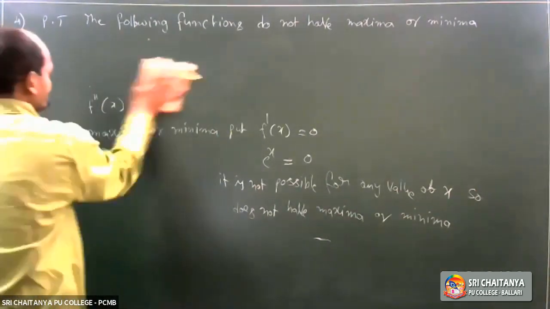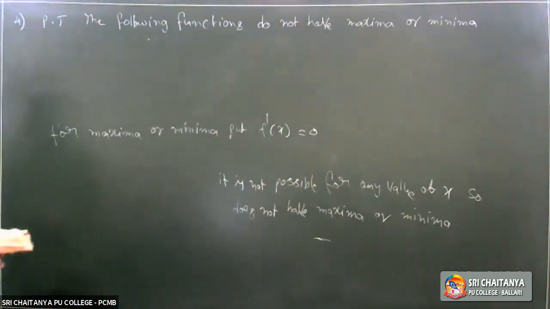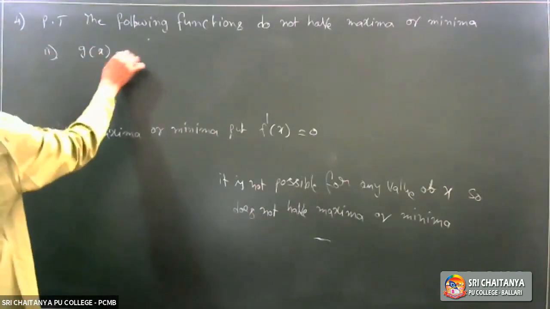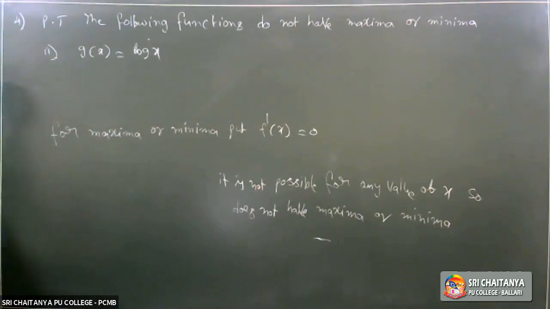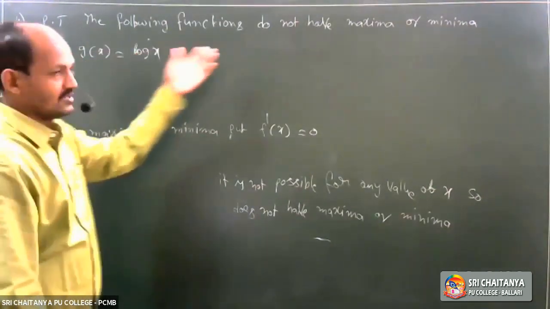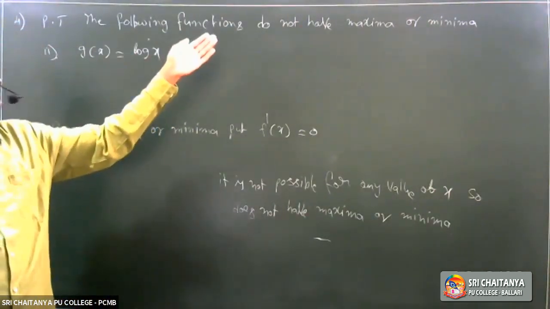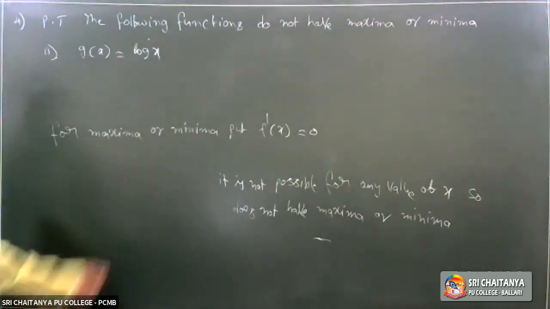Next, g of x is equal to log x. Same statement: prove that the following functions do not have maxima or minima. So g of x is equal to log x.